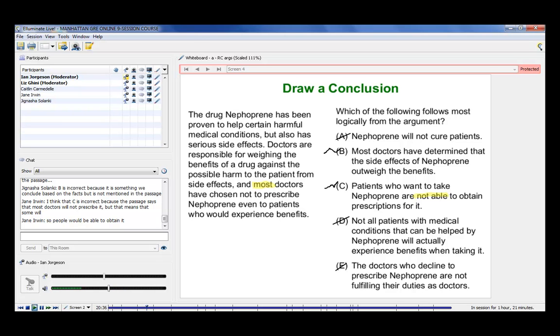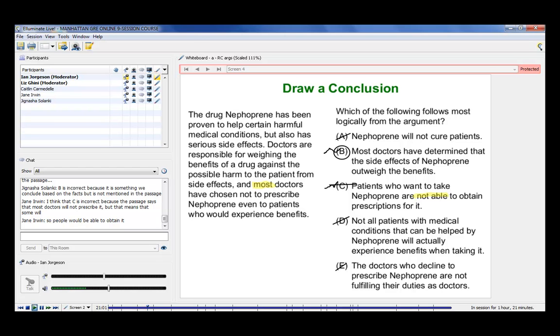But it's possible that they can get the drug if they find some doctors who have chosen to prescribe it. If I say most do not do something, I'm implying that some do it. And in that case, that means that C is incorrect because of that word, most. And B is a good answer. There's nothing wrong with B.